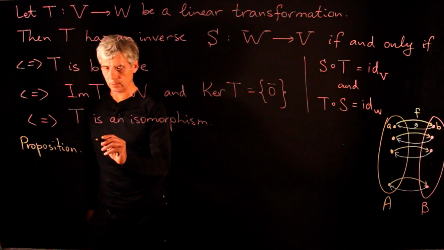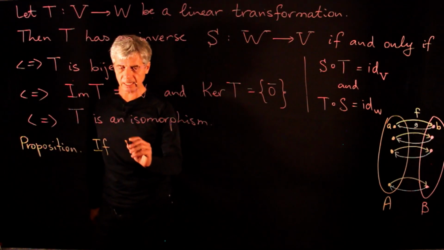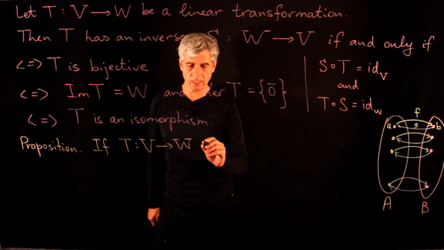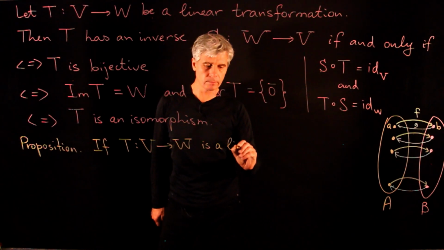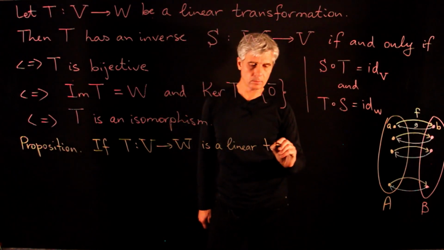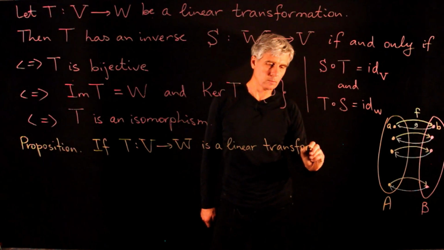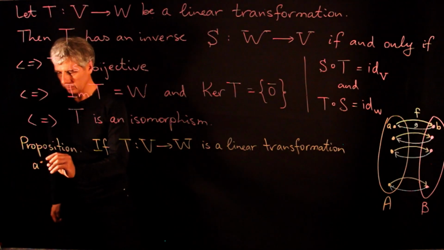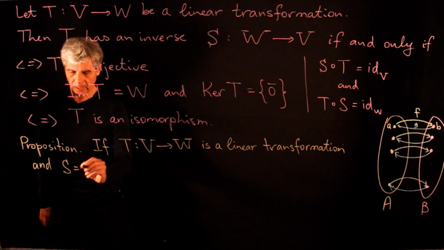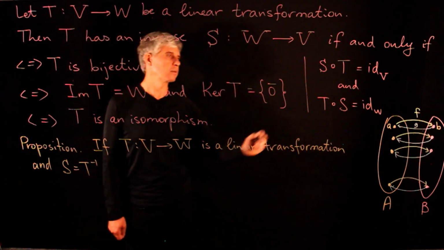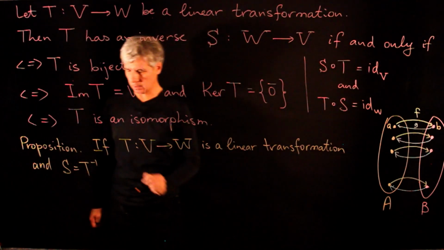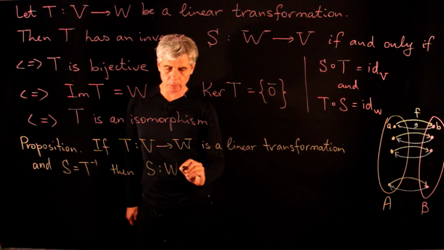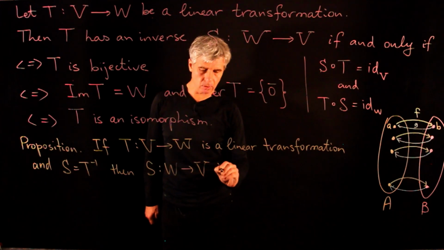If T from V to W is a linear transformation, and S is the inverse of T, right? So in this sense, then S from W to V is also linear.